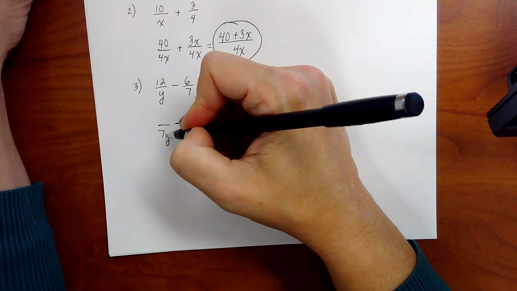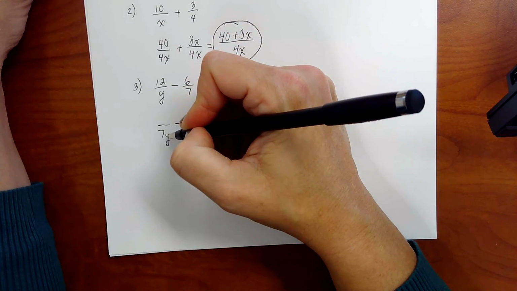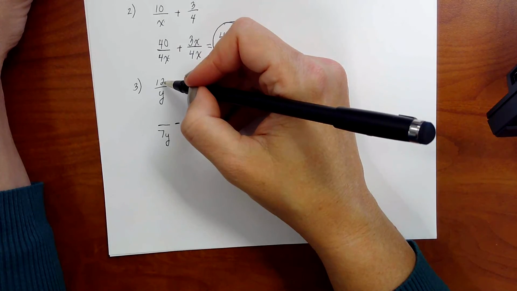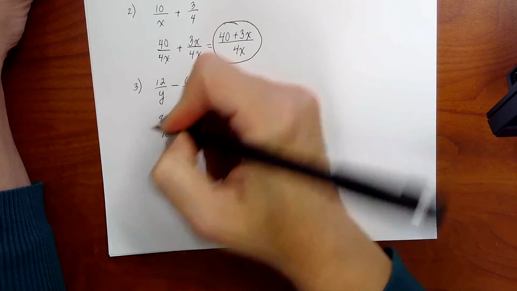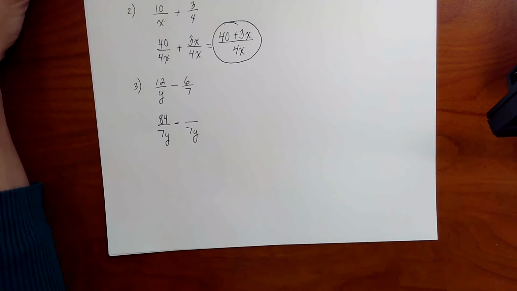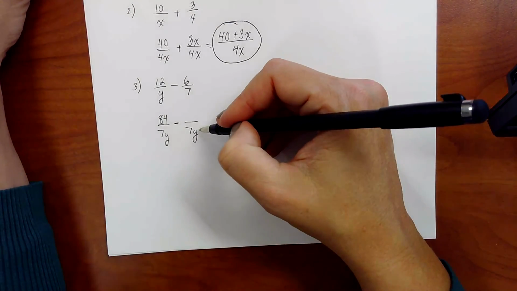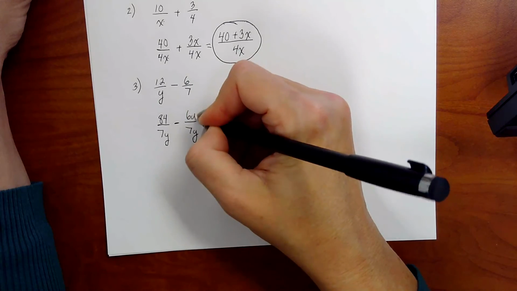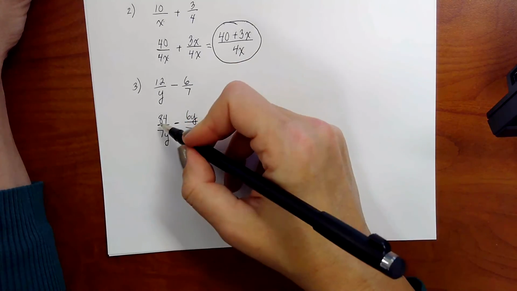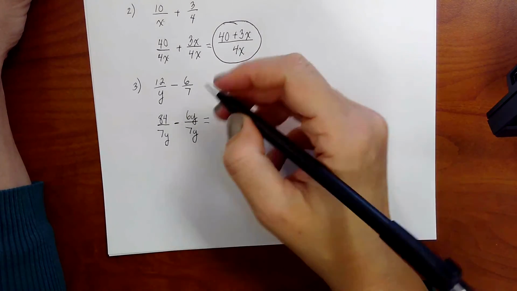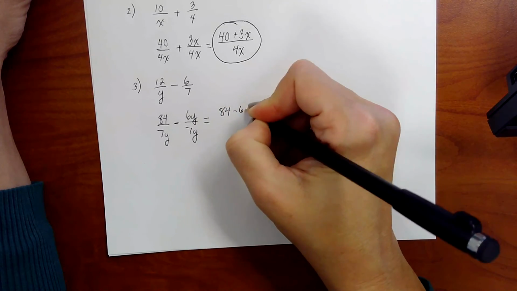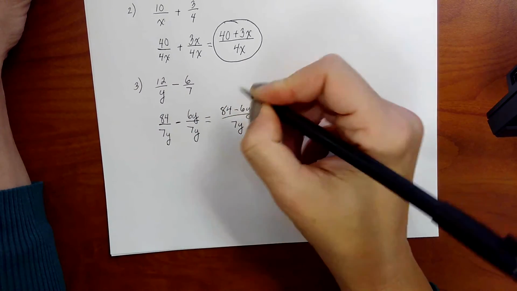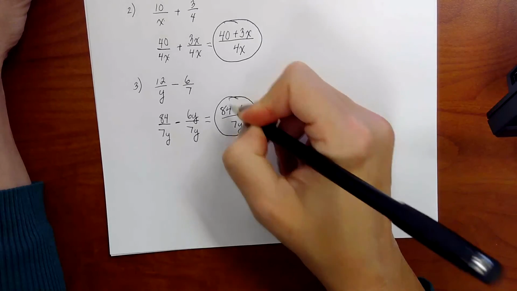So y times what gives you 7y? 7. So 12 times 7, 84. 7 times what gives you 7y? I guess times y. So this would be 6y. Same thing. You can't really put together the 84 and the 6y, so you're going to leave it. And that's as simple as you can get it.